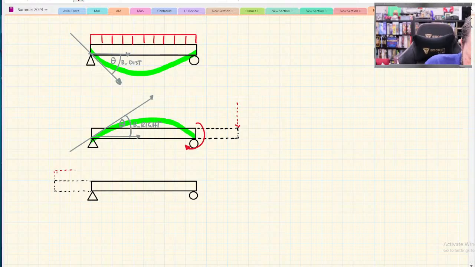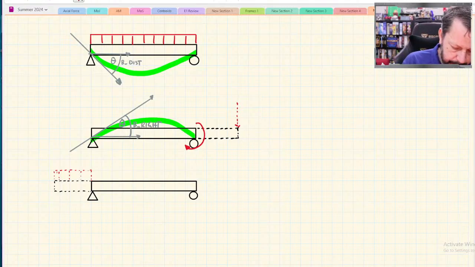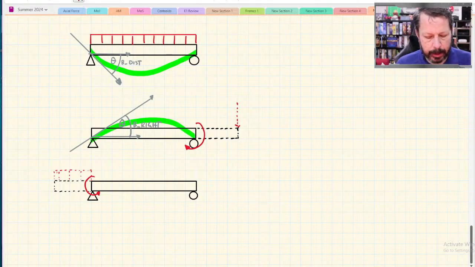I actually drew it blue in my original picture over there, but we don't have one of our cases in our chart that handles that. So we said that, well, we sort of have this.